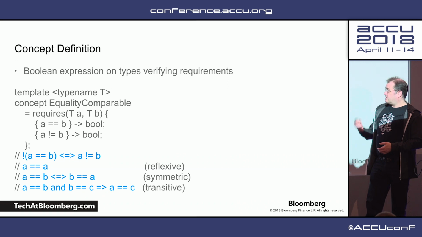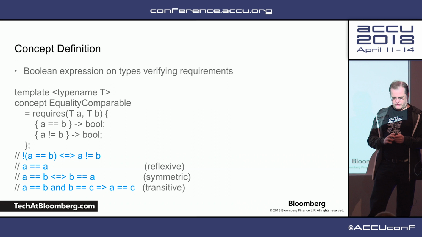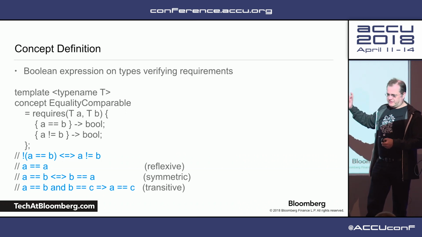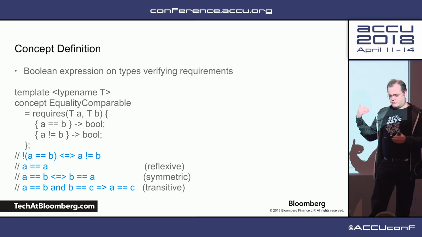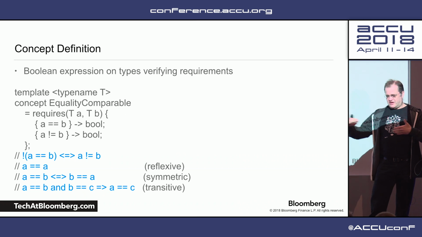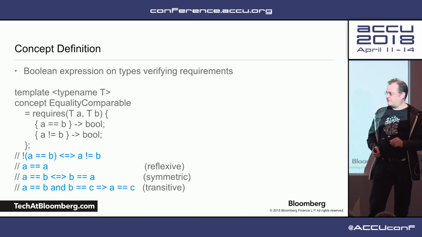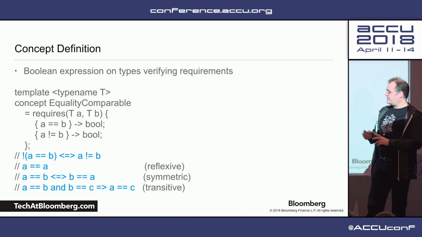So looking at an example, this is a little bit simplified. The real equality comparison which goes into the standard is probably based on a heterogeneous implementation where A and B can have different types. This is just a little bit simplified, but in spirit, this is one of the concepts.